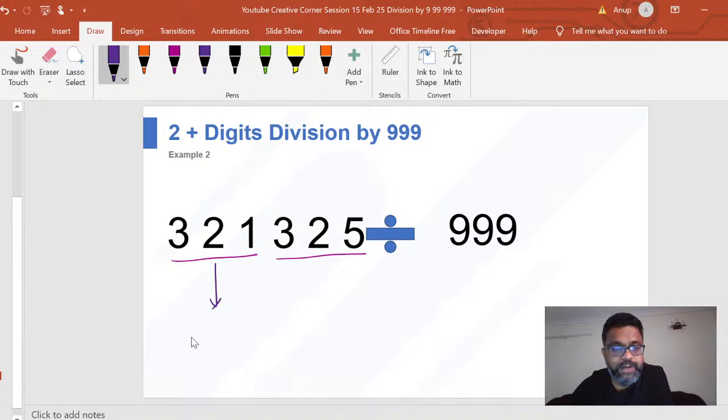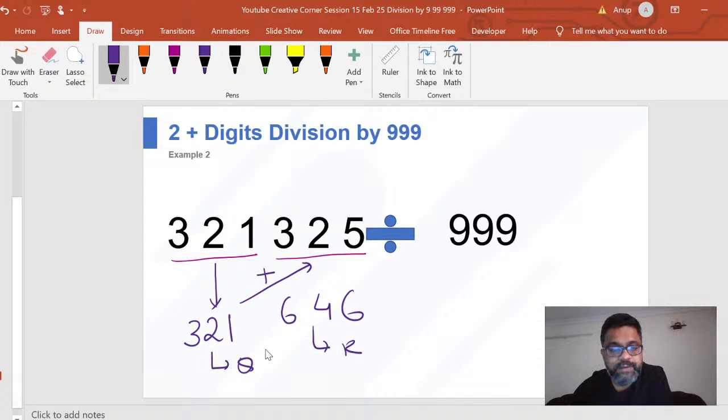I bring 321 down as is. I add it to 325. So I'll get a 6, 4, 6. This is my quotient and this is my remainder. Easiest, right? Easiest method actually.